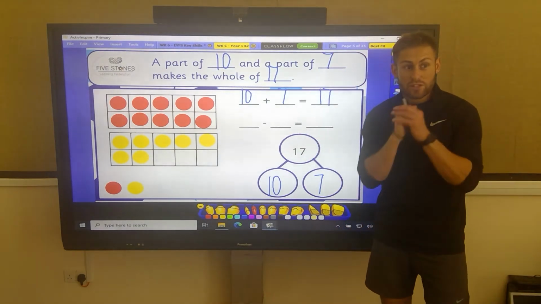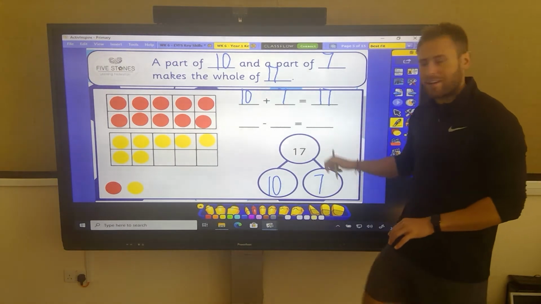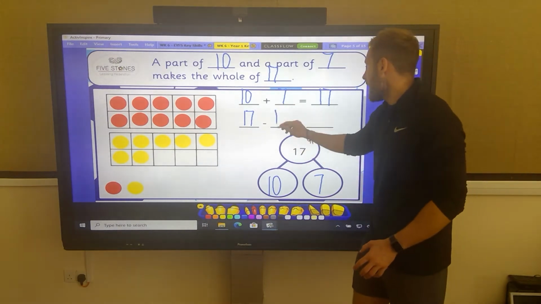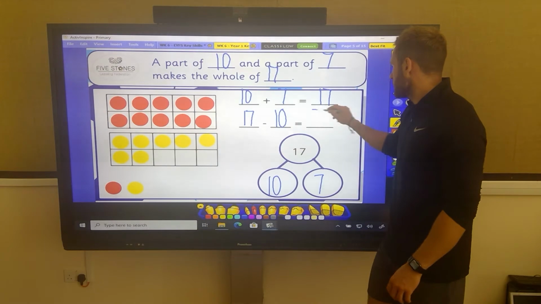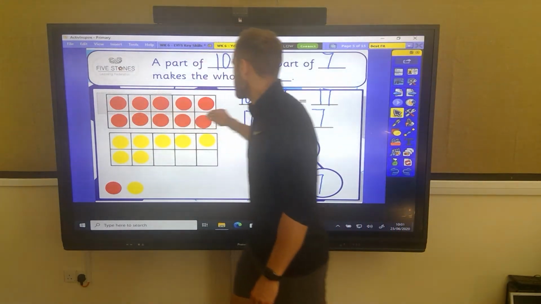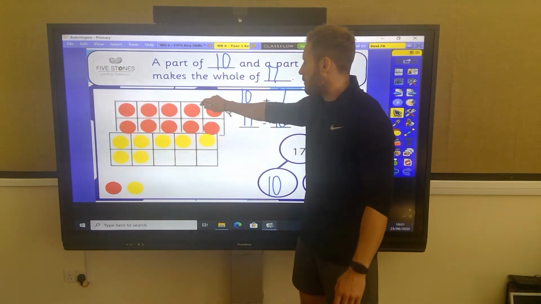But if we were going to do a subtraction, we have to start with the whole, which is 17, and we might take off 10. And if we take off 10, we're going to equal 7. Can we see 17? Take off the 10, and we're left with 7, aren't we?